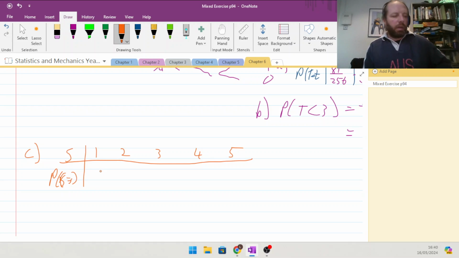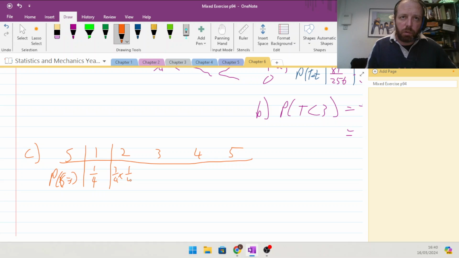Right then. So if he rolls it once and he's got a 6, the probability of that is a quarter. The probability of rolling it twice would have been 3/4 times 1/4. Probability of rolling it 3 times would have been 3/4 squared times 1/4.